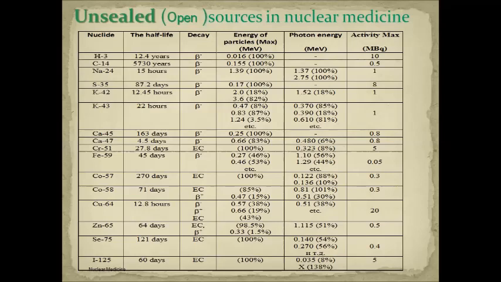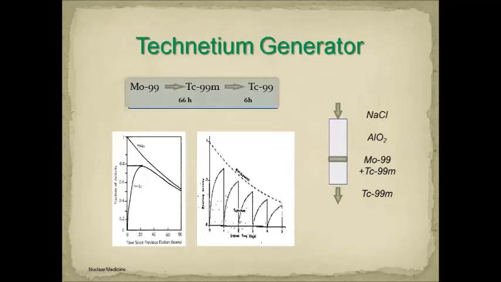Half-life gives us a limit of time to operate with radionuclides, and type of decay gives us the opportunity to choose whether we administer these radionuclides for diagnostic or for treatment purposes.